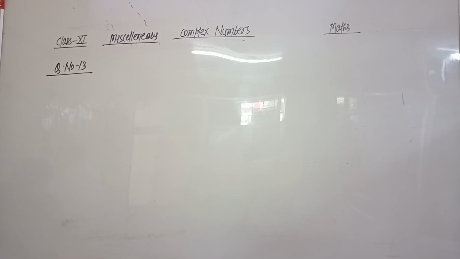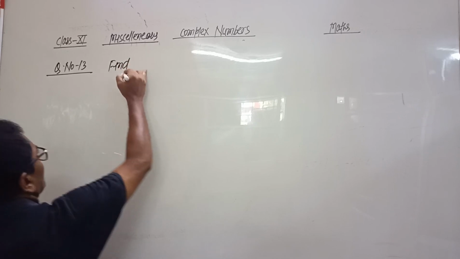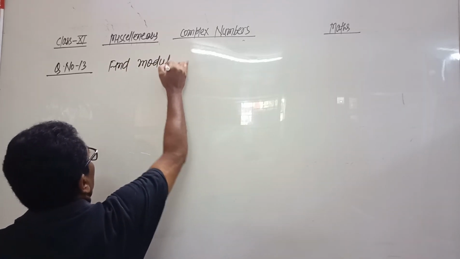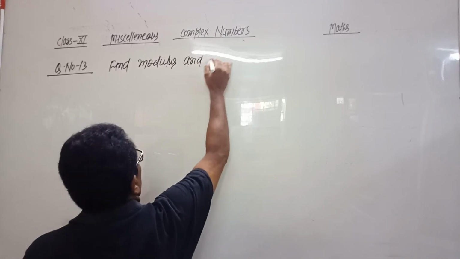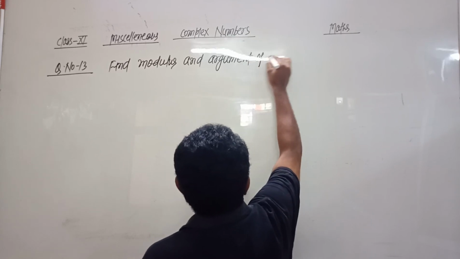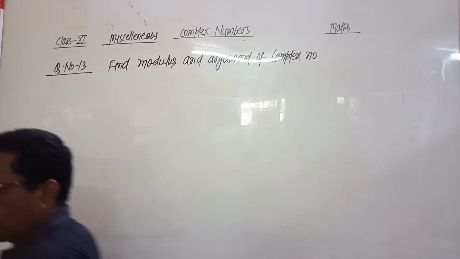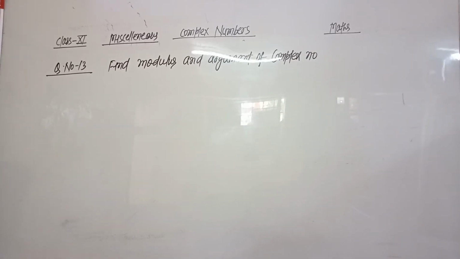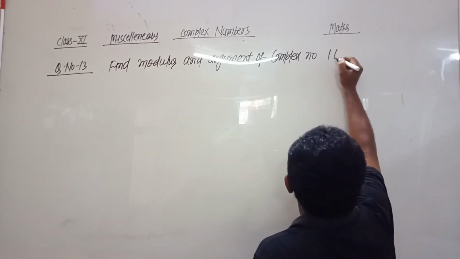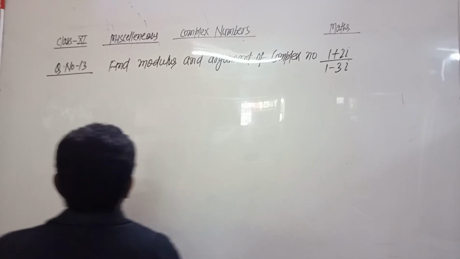We have to calculate the modulus and argument of the complex number, and the complex number is given as 1 plus 2 iota upon 1 minus 3 iota.